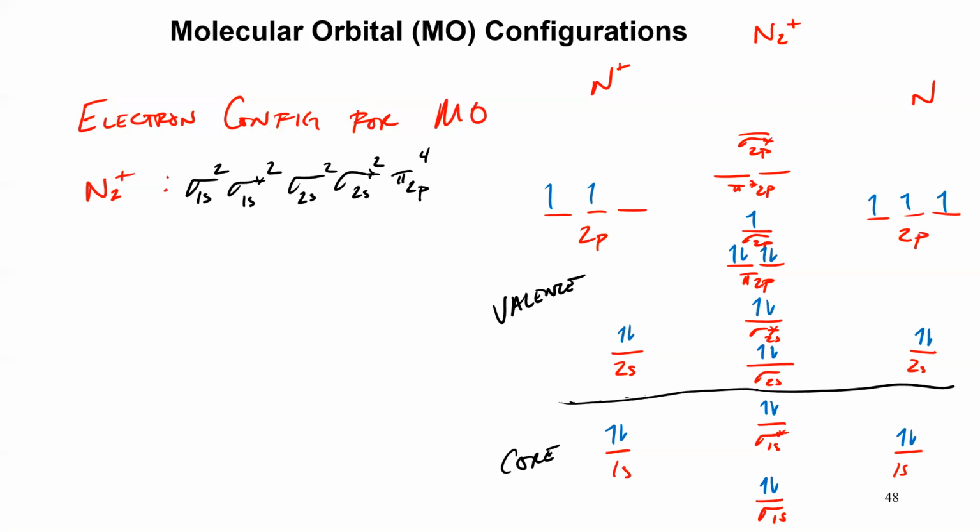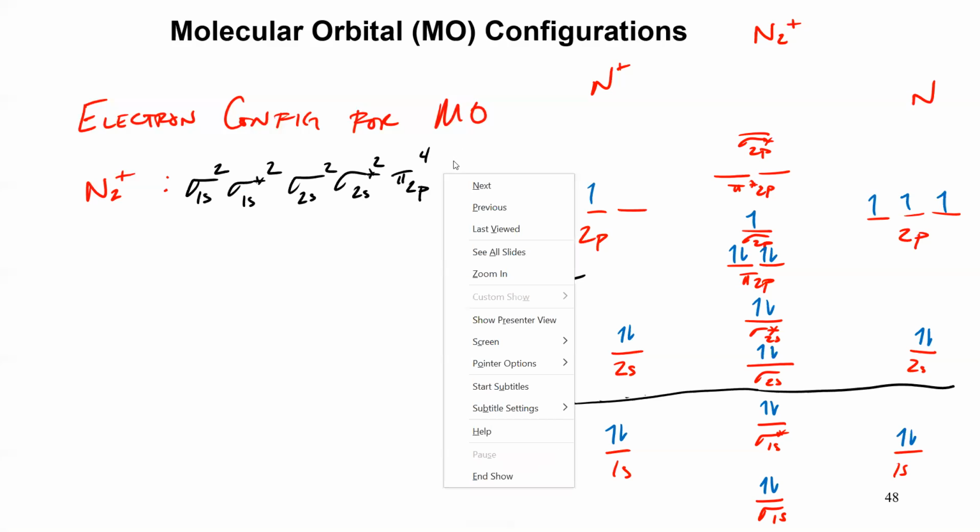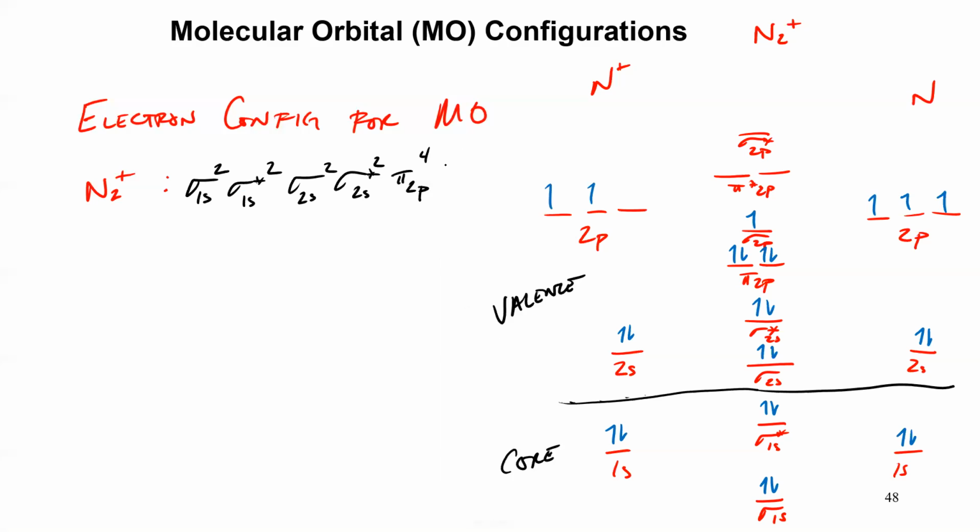We're going to focus just on the pi versus sigma bit. And then our sigma 2p has just 1 electron in it. So he's going to be sigma 2p1. And so that's our electron configuration for N2 plus.